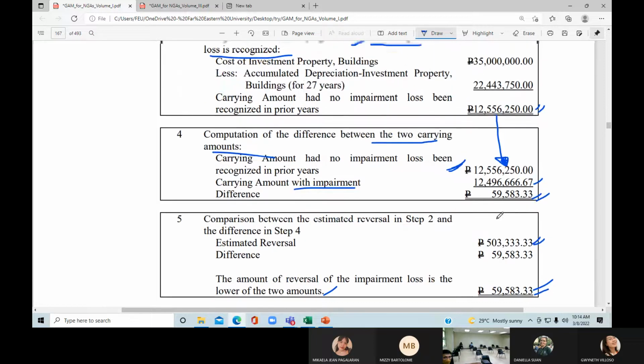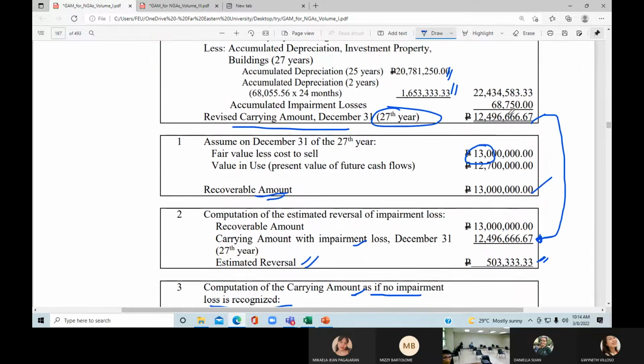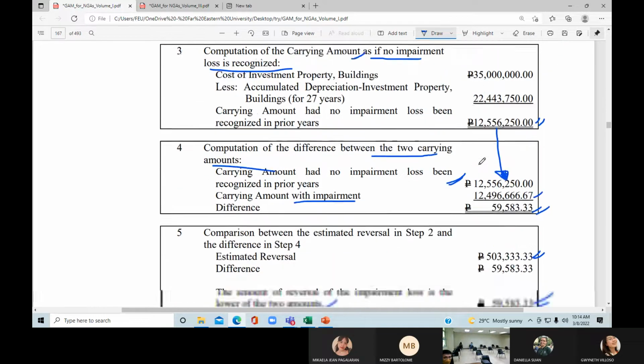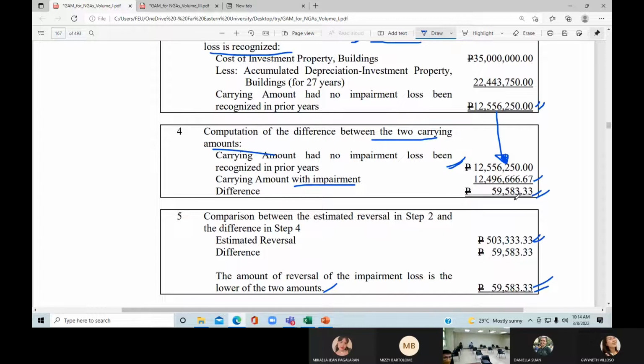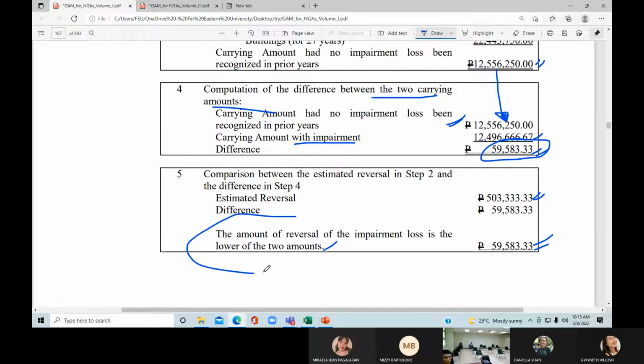So carrying amount with impairment is 12,496. So yung reversal is 59,583 lang.